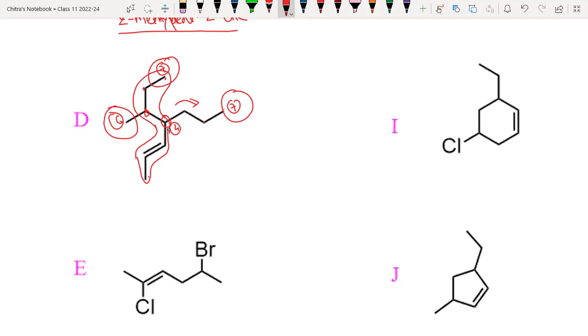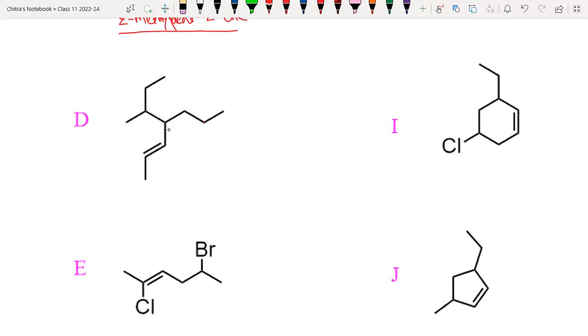Understood? Yes, sir. Okay. So here, I have already given you the rule for that. Select the longest chain which contains the functional group, then the multiple bond and substituents. That chain we have to select.